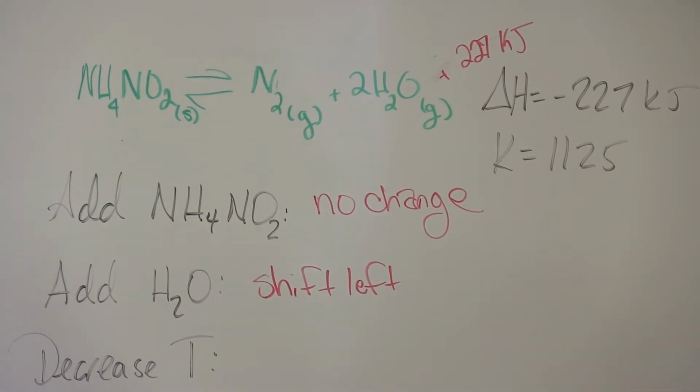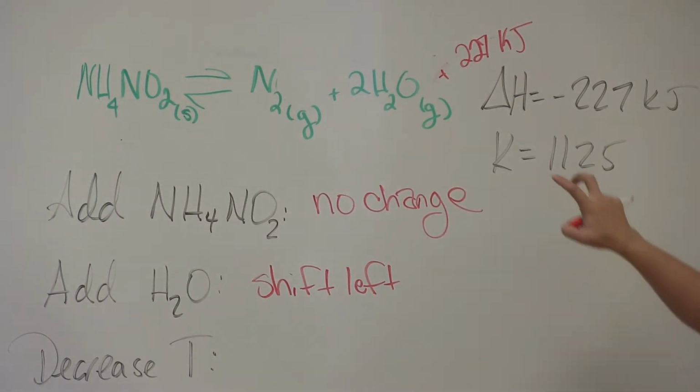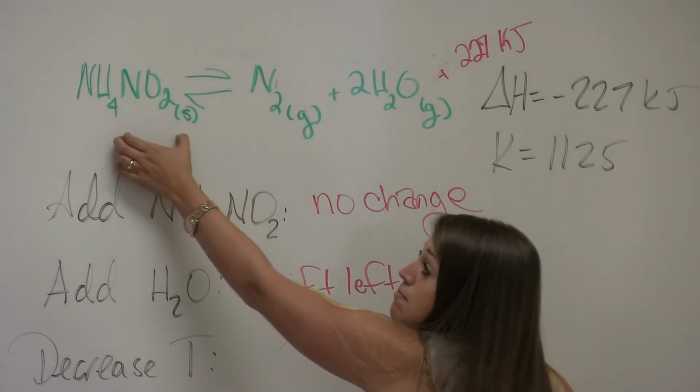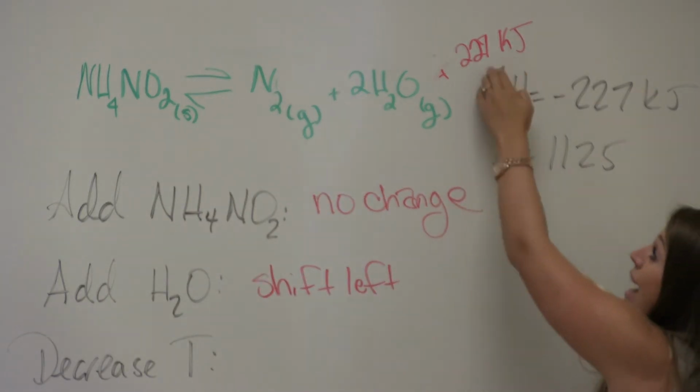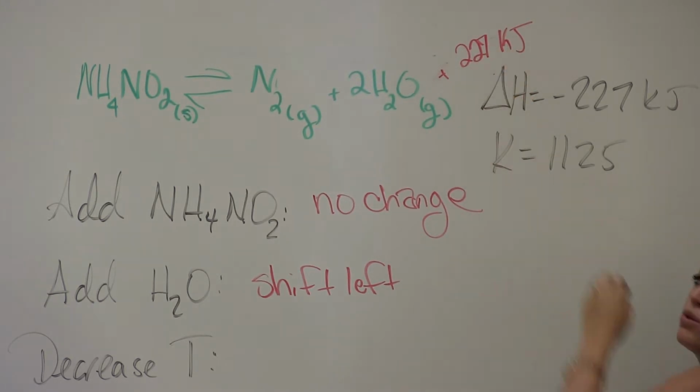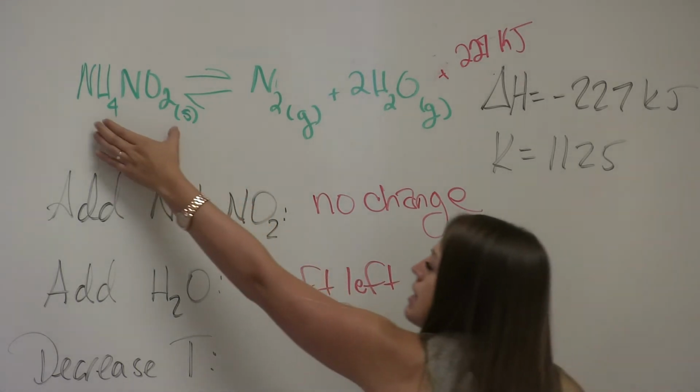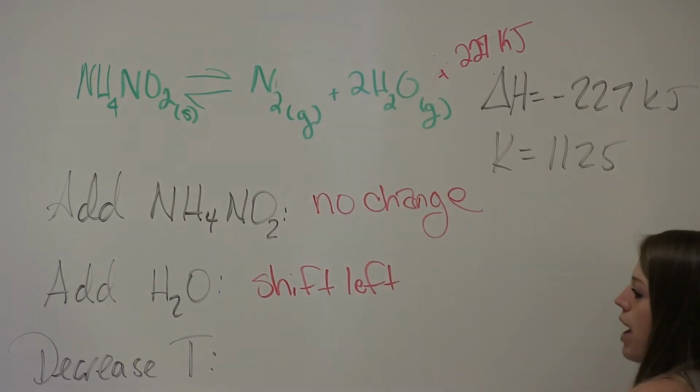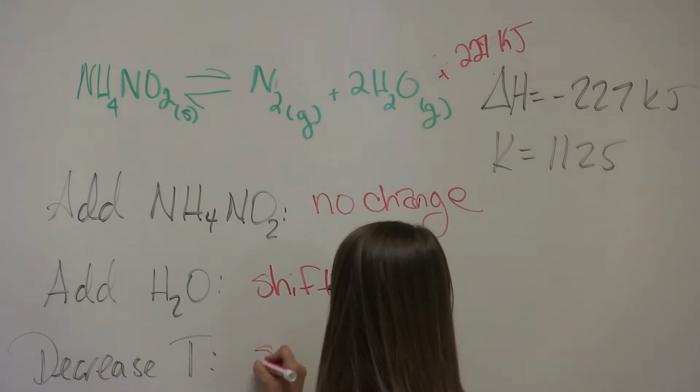If we decrease that temperature, we're going to remove some of that energy. If we remove some of that energy, we've got to make up that difference. So we've got to decompose this more because we're going to have to produce 227 kilojoules of energy. If we're removing the energy, we've got to decompose more. If we decompose more, we've got to shift this way. So we're going to say that this is going to be a shift to the right.